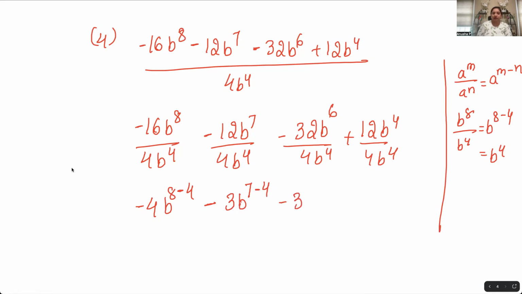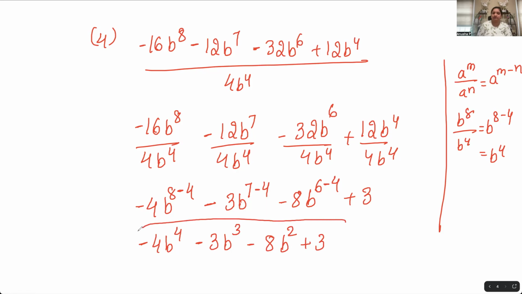Minus 32 divided by 4 is negative 8, b to the power of 6 minus 4. 12 divided by 4 is 3, and b to the power of 4 and b to the power of 4 will get cancelled. Negative 4b to the power of 4 minus 3b to the power of 3 minus 8b to the power of 2 plus 3. Okay.